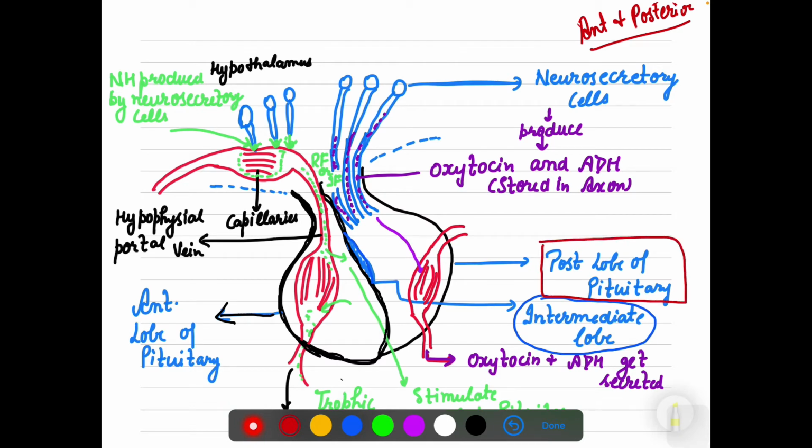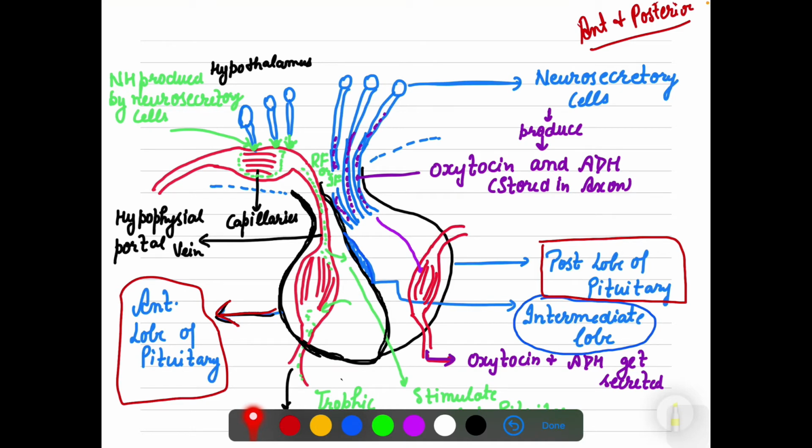So I think the 3 lobes are clear: on the front side, A for aagey, A for anterior, is the anterior lobe of pituitary, and the one in the middle is the intermediate lobe, which is why it is also known as the middle lobe of pituitary. And the one present here is the posterior lobe of pituitary.